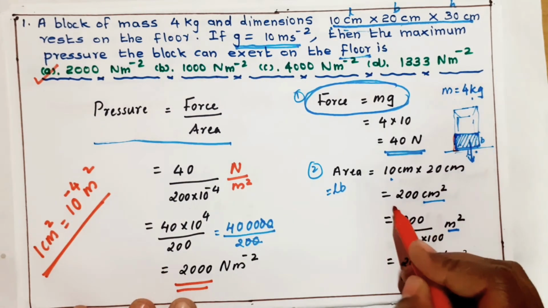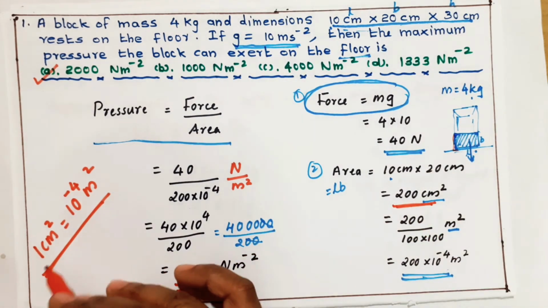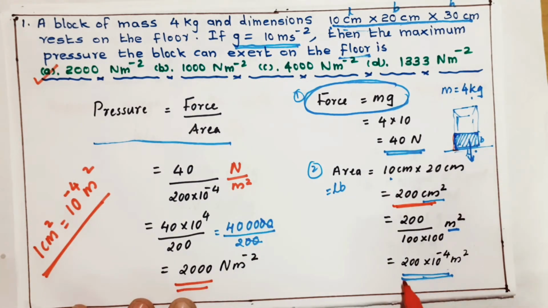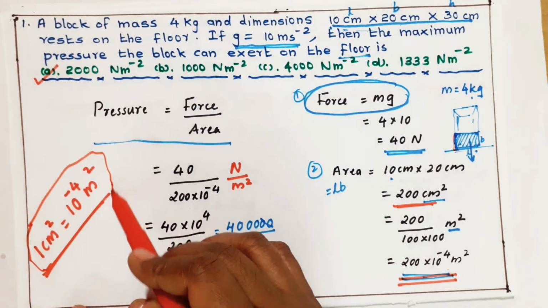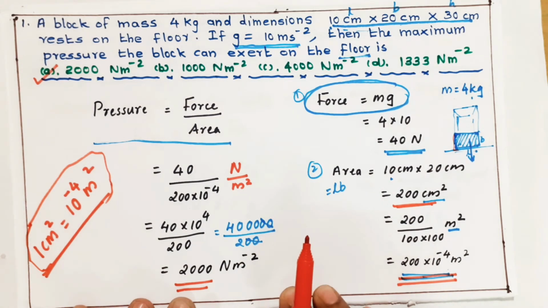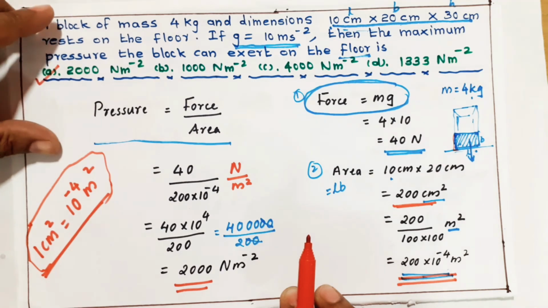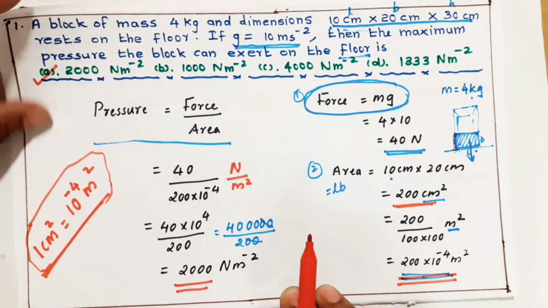So when I got 200 centimeter square, directly if you know this, 200 centimeter square equals how many meter square? 200 into 10 power minus 4. How 10 power minus 4? Because in the denominator we are dividing with 100 into 100. So that is the reason we are getting in numerator into 10 power minus 4. So you remember the shortcut formula. 1 centimeter square converted to meter square means multiply with 10 power minus 4. 1 centimeter square is 10 power minus 4 meter square. Clear? Next.